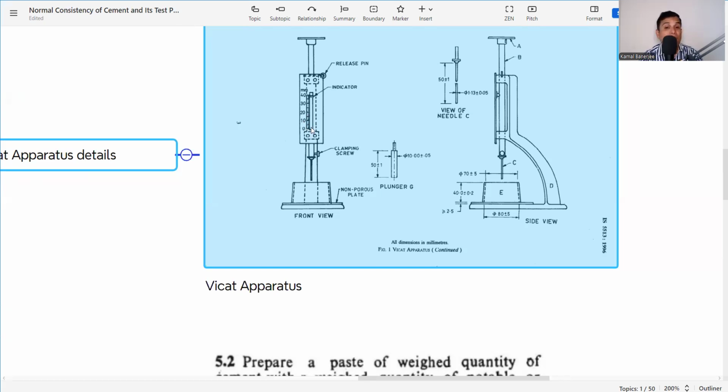If it is in between 5 to 7, that means our cement has the normal consistency, or the amount of water we added is within the range, so we can say that 25% water for the cement used is the normal consistency. If it is not, then again we have to adjust the water, and again we have to do the retest.